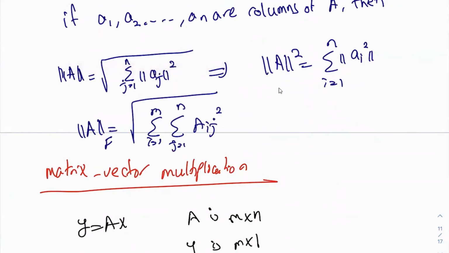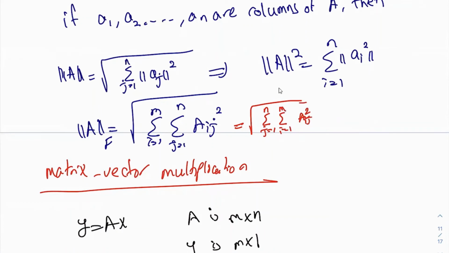Good. Now, what this one says is that, first of all, you can switch the summation sign. Let me show that. J from 1 to n, I from 1 to m, a_ij square.